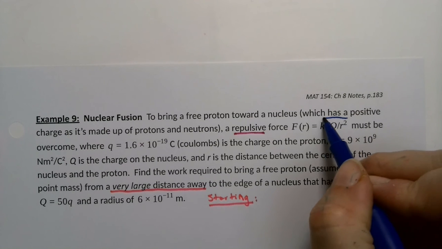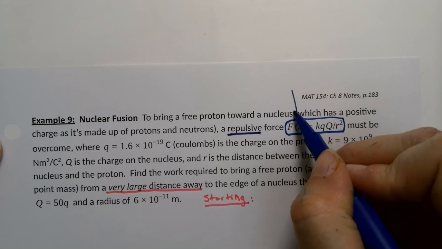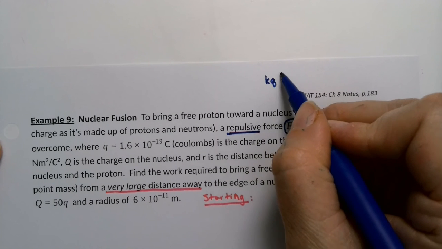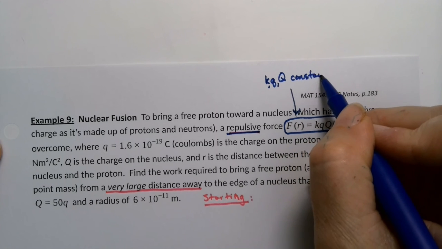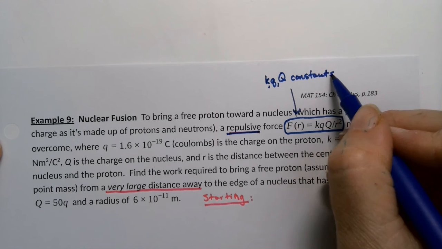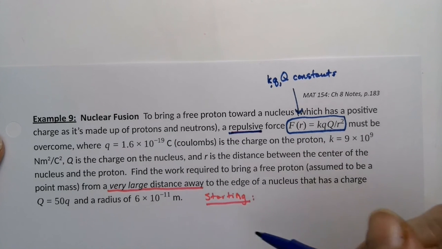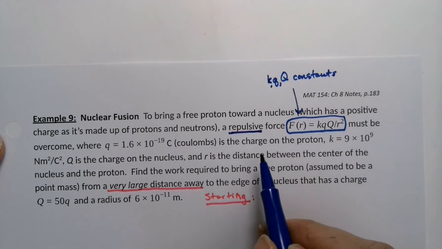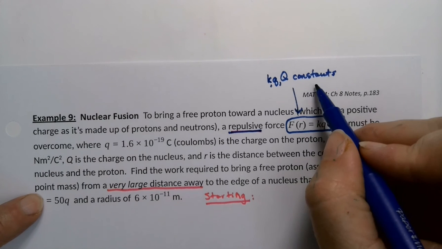So when you look at this, k, q, and Q are all constants. r is the variable. r is the radius, if you will, if the free proton's circling around. So it's the distance between the center and the proton. So r is the variable.